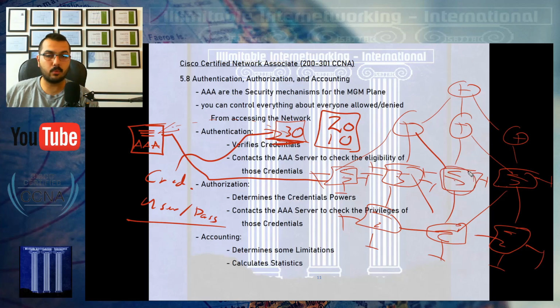Starting from now on, whenever someone wants to access any of these devices, the first thing that the device will do is say, hold on, you said that you have the username ABC and the password 123 and want to access me. I have no idea who you are, but I can do one step before I can reply to you whether you are welcomed or not, or welcomed under what privilege.